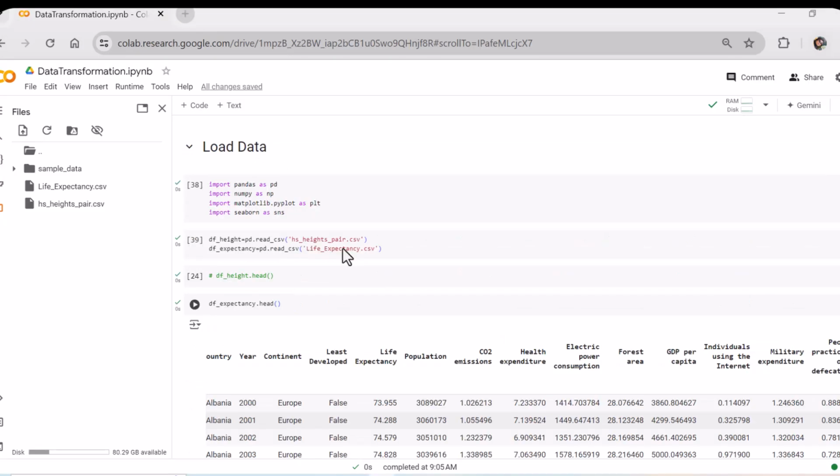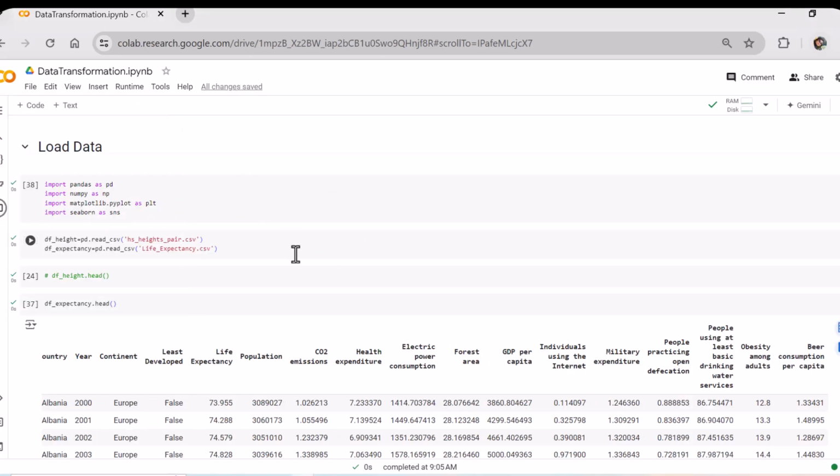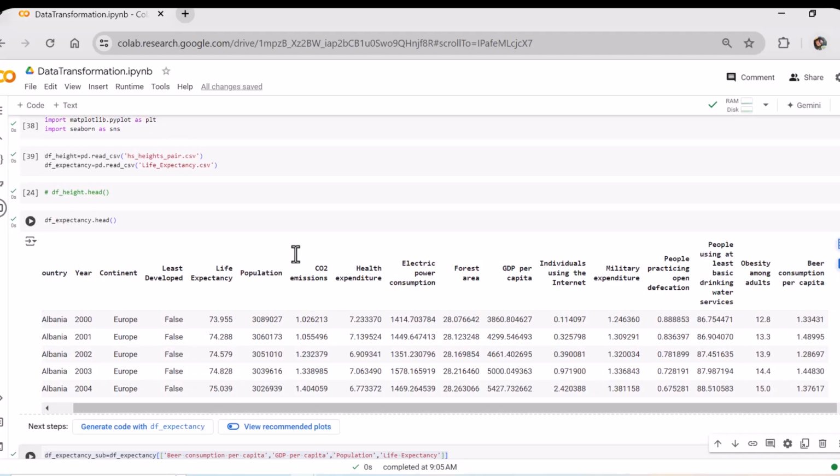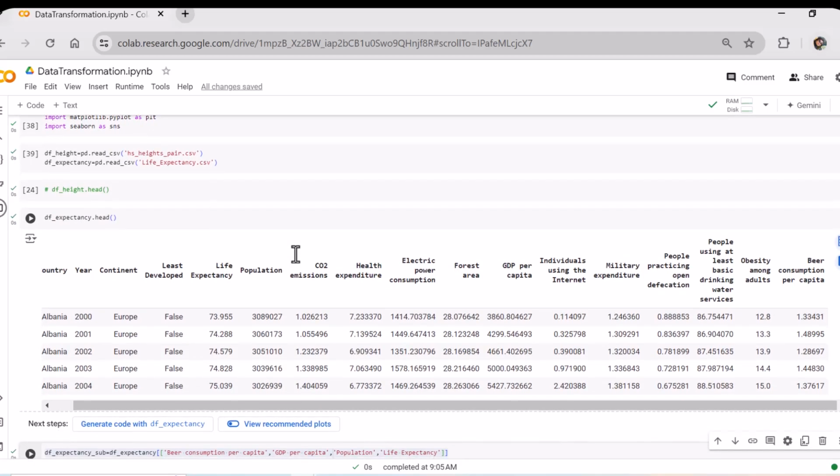Friends, I'm on my Google Colab notebook, the link to which is available in the description below. I've already imported a couple of libraries and primarily the data set of life expectancy, which is related to the number of years a person is expected to live. This data set is publicly available and related to particular countries and years.